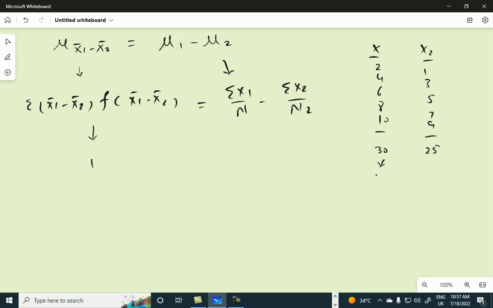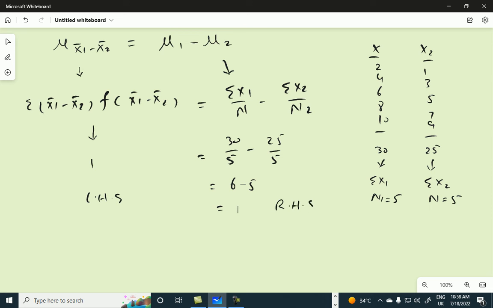So this is summation x1 and this is summation x2, and n1 is equal to 5 and n2 is also equal to 5. So this is equal to 30 divided by 5 minus 25 divided by 5, or 6 minus 5. So this is equal to 1. So the left hand side is exactly equal to the right hand side. So this is the verification of the first property.